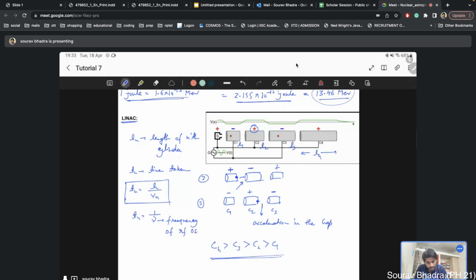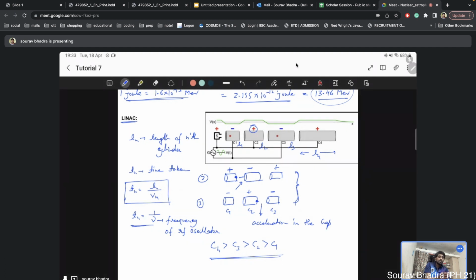If this resonance condition occurs, then only the condition I told you will be fulfilled, that when the particle comes out of a particular cylinder, at that time instantly the polarity of the other cylinder changes. That is only possible if this frequency condition matches, that is Tn is 1 by nu, where nu is the frequency of the oscillation.